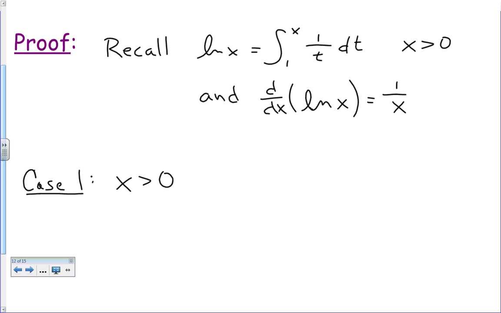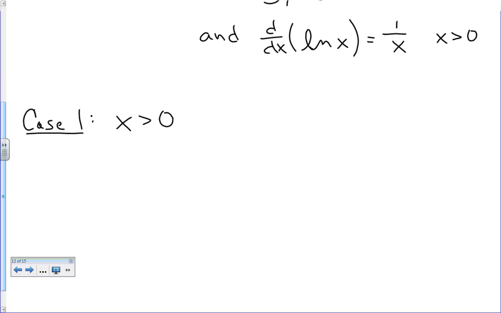In fact, I should add to the end of this that the derivative of ln of x is equal to 1 over x for x greater than 0, because that's the domain of my original function.